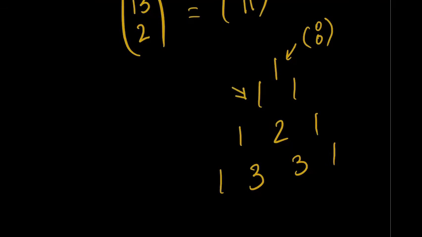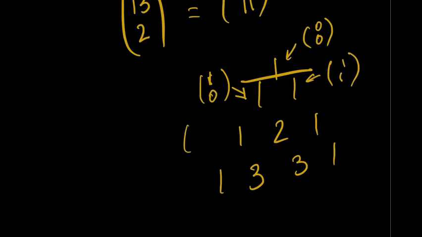Now, the second level is when we have 1 object in total. Here you're choosing 0 objects out of 1 object, and the other option is selecting one object from a total of one object. Next we have 2 choose 0, 2 choose 1, and 2 choose 2.